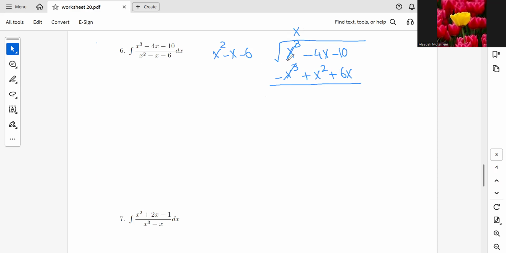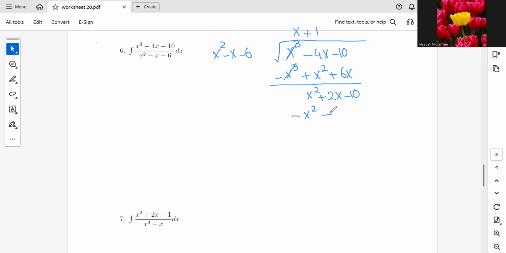So these two will be canceled, and we're left with x squared minus 4x plus 6x, which is plus 2x minus 10. Now, x squared divided by x squared is 1. So plus 1 here. Now multiply 1 by all these terms and write them with the opposite sign.